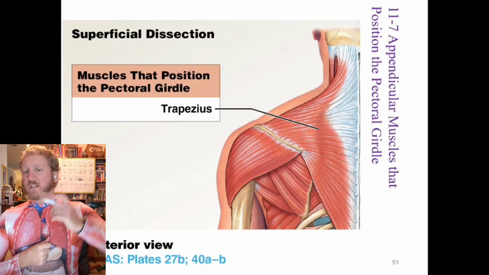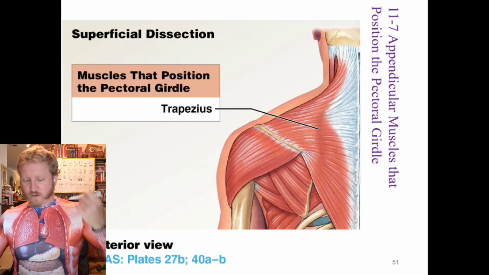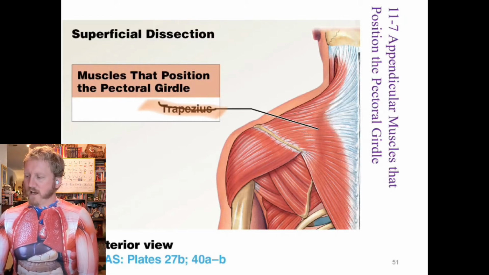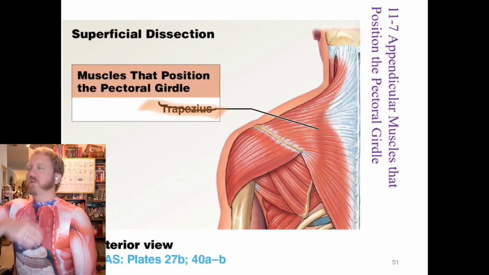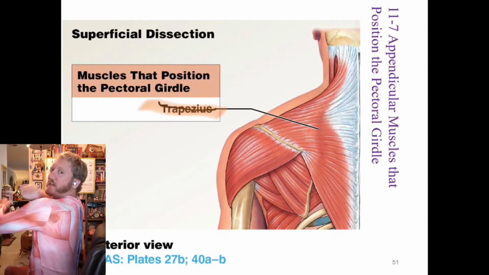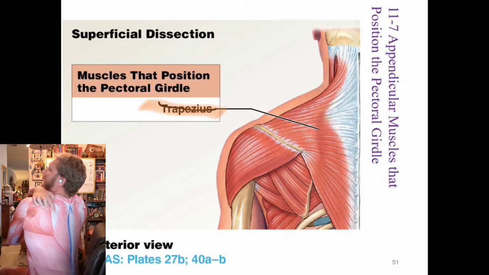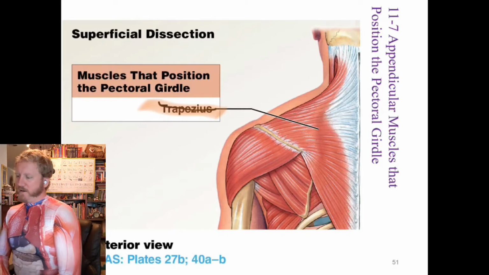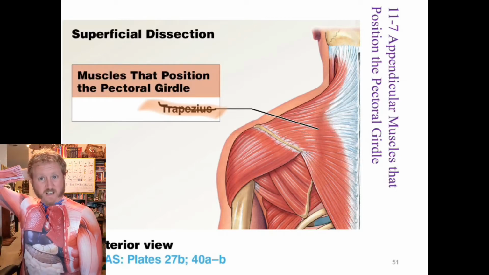One of the major ones is a very large flat muscle in your back known as the trapezius. It's large and superficial. If you press down back here, you can feel my trapezius muscle. It extends to the base of the skull.